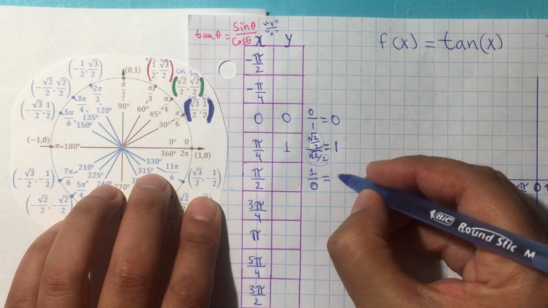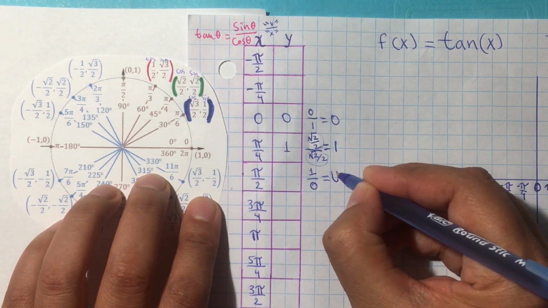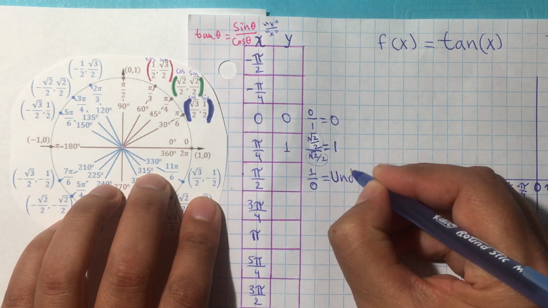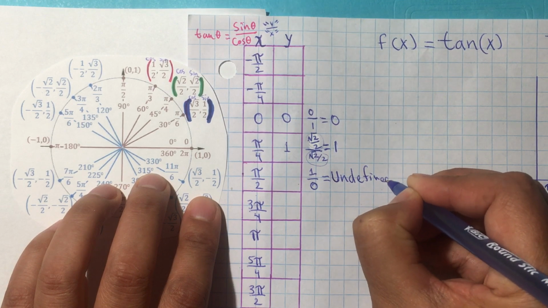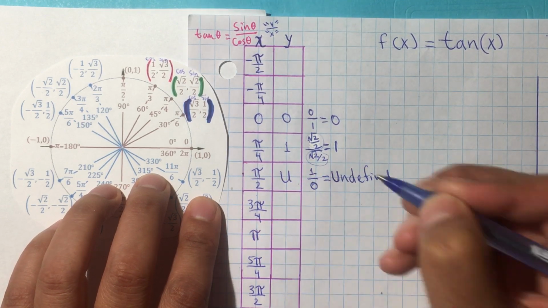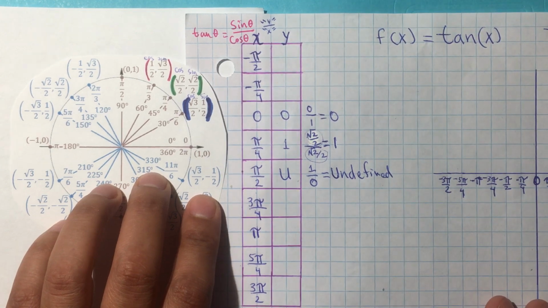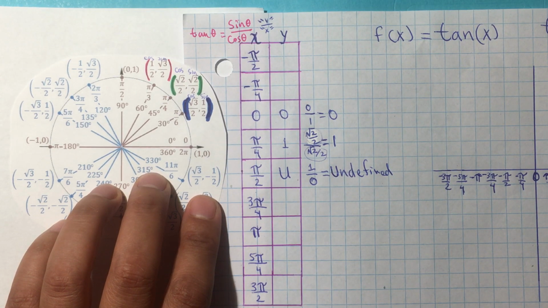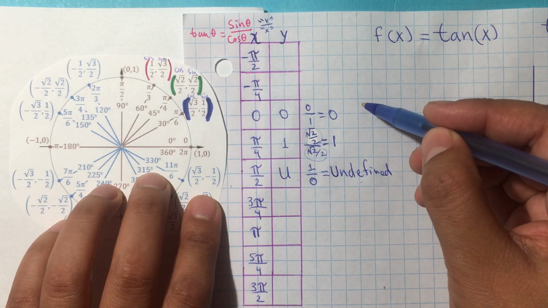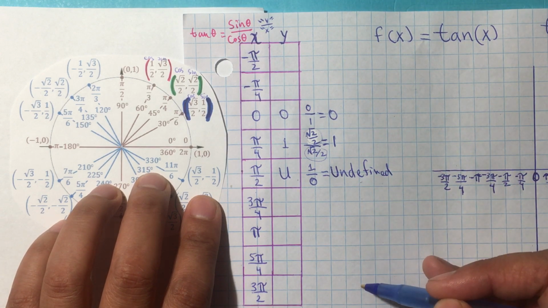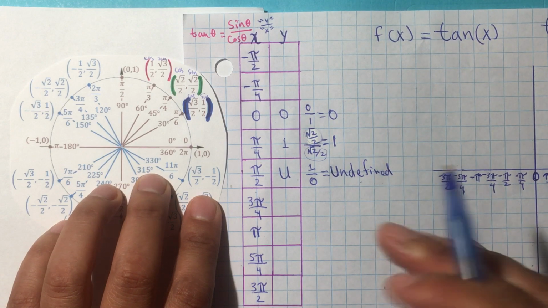The answer that we're going to write in here for the graphs or for slopes is undefined. So we're just going to put a u in here. And if you recall from slopes that are undefined, you get a line that is vertical, okay?